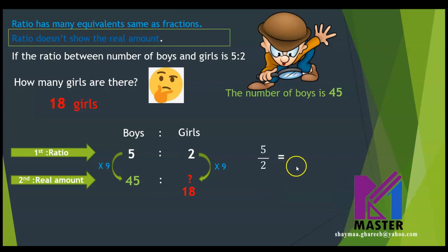And I will write it now as two equivalent fractions. 5 to 2, 45 to the number of girls. The 5 became 45 by multiplying by 9, and the 2 became 18 by multiplying by 9. So this is the way how to get the missing number.